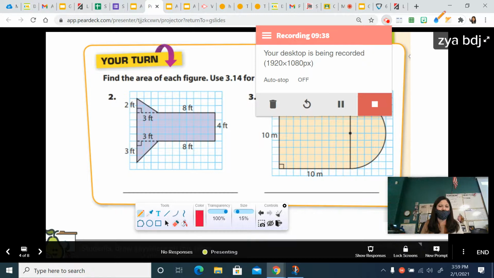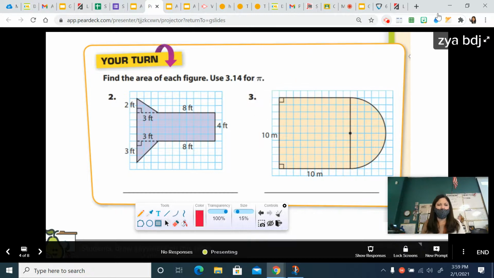So before you start this one, I want to show you that this one could be done with this long triangle right here. Just FYI, how do you find the length to this line right here from here to here? It's not 8. 8 stops right here. This is 8. From here to here is 8.